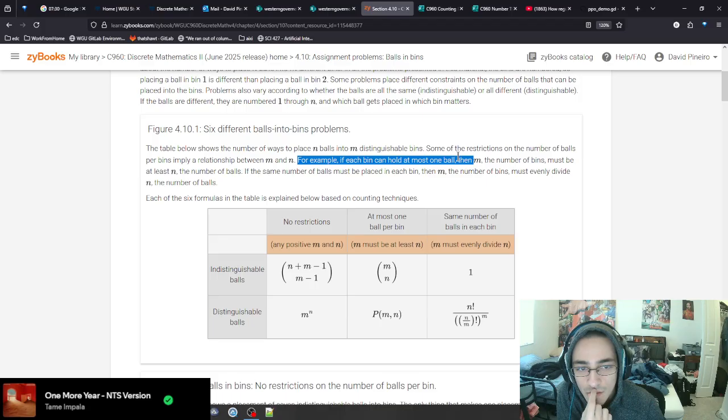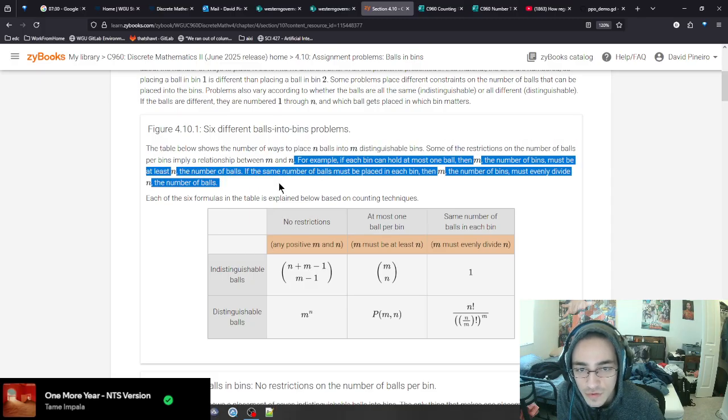And then the number of bins must be at least n, the number of balls. Yes, I know that, I guess. But I don't really need these. These two don't apply to my scenario.